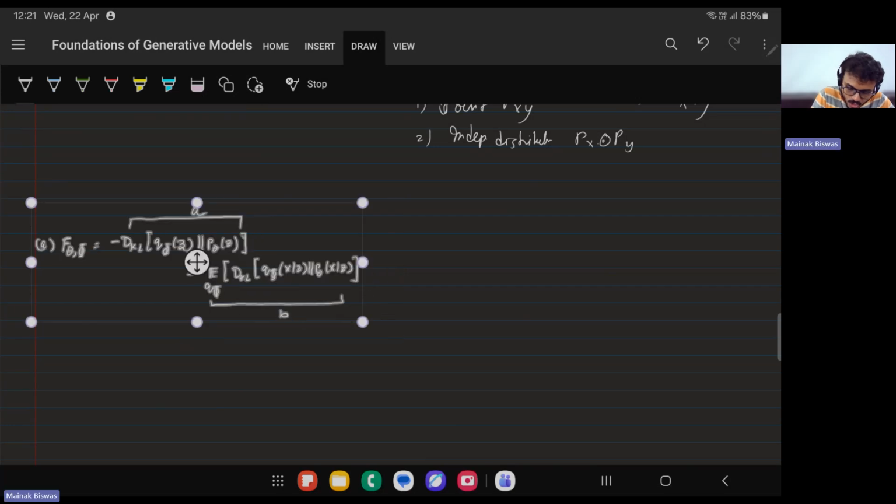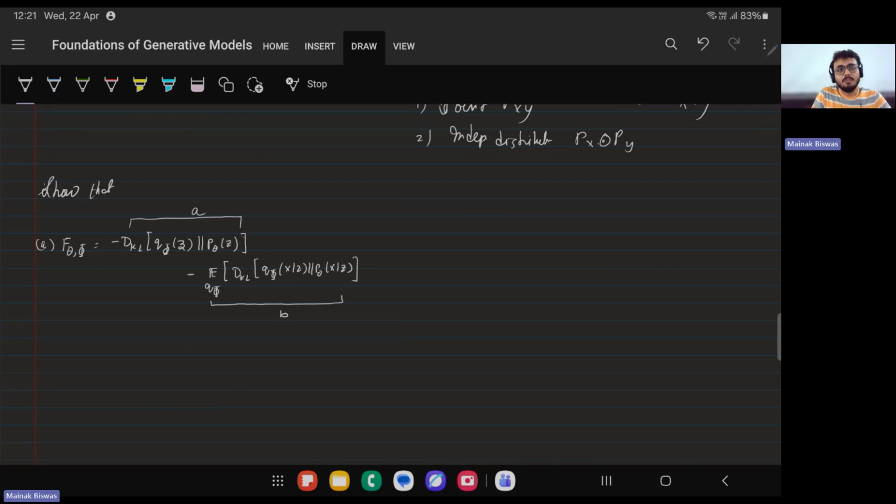The first thing is to show that you can play around with the ELBO and create multiple representations of it, and each of them has a different idea and gives you a different interpretation. Show that the ELBO can be written as this.